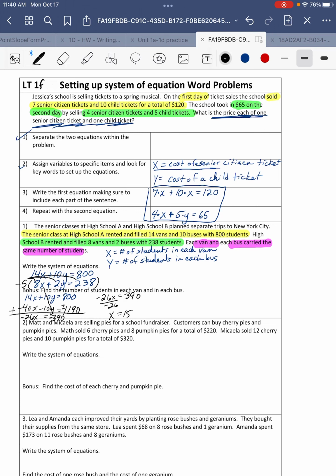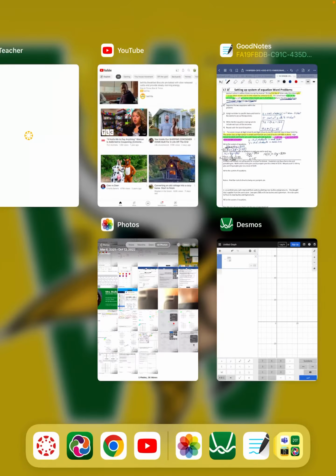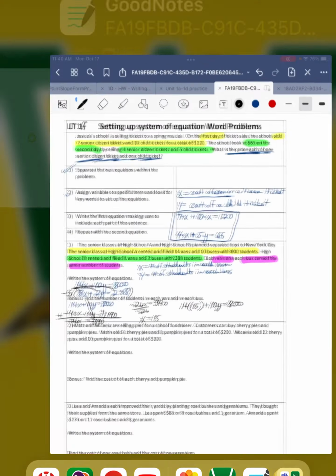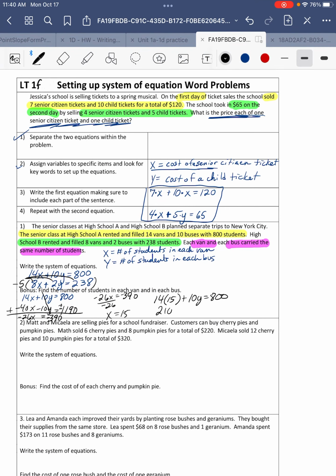Now I'm going to take my original equation and substitute in 15 for x. So 14 times 15 is 210.